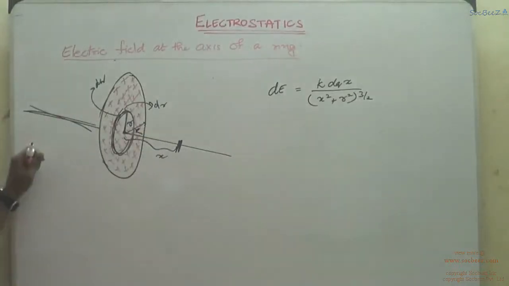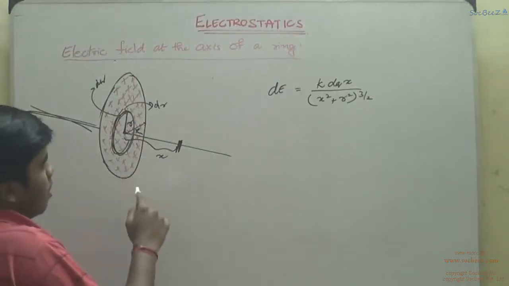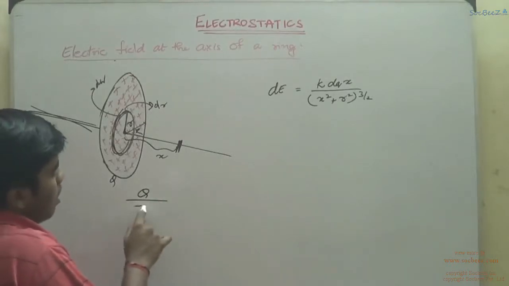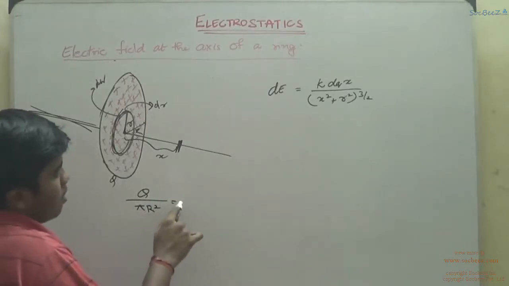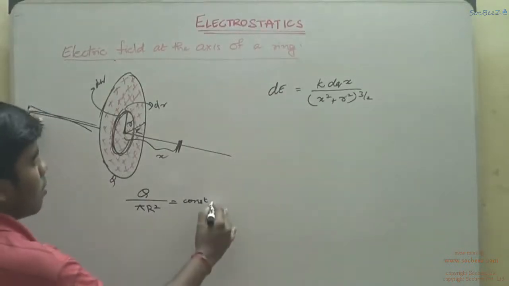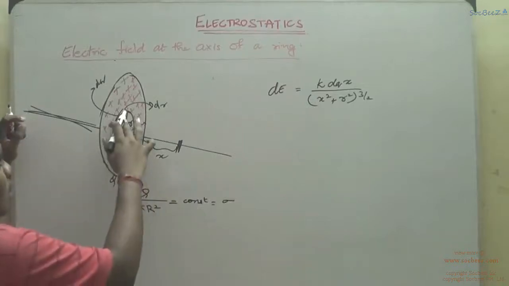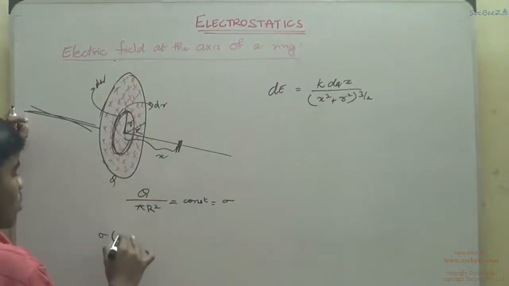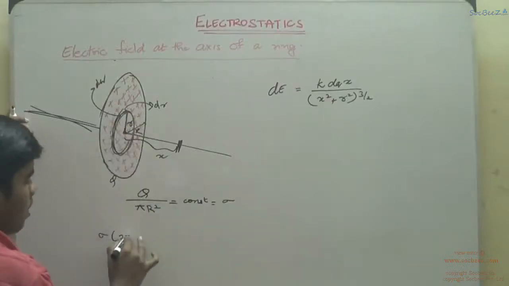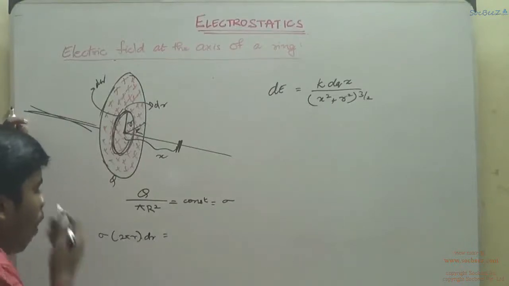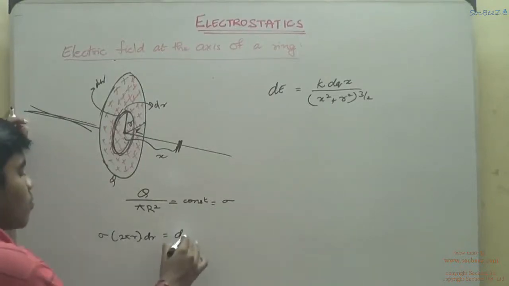Now we are also told that the charge is uniformly distributed, which means that if the total charge is q, then q by pi R square is a constant, and which is equal to sigma. Now the charge dq at this ring will be equal to sigma times the area of the ring, which is 2 pi r is the perimeter and the thickness is dr. So dq is equal to this much.